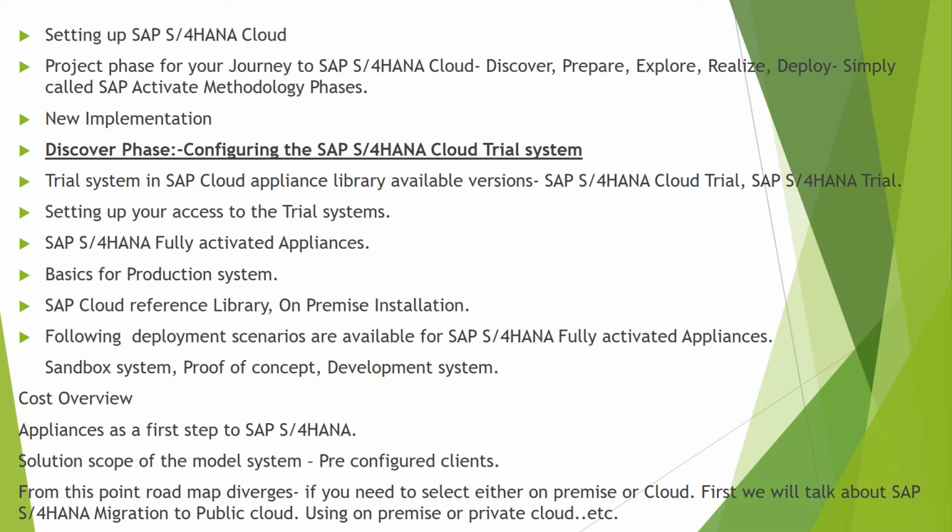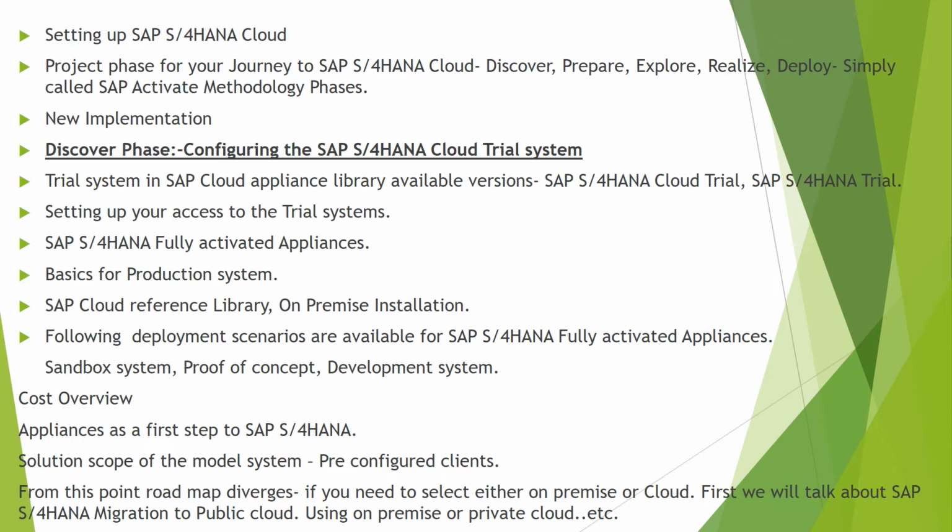So then we are going to discuss migrating to SAP S/4HANA in the public cloud. That is the SaaS model. In the next part of the video we can address the migration to SAP S/4HANA on-premise or migrating to SAP S/4HANA in a private cloud hosting. So I think once the migration roads diverge, everything will be well understood.